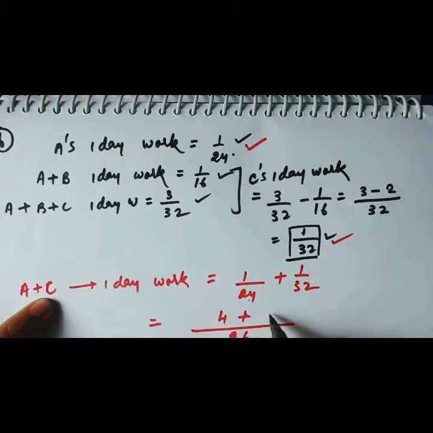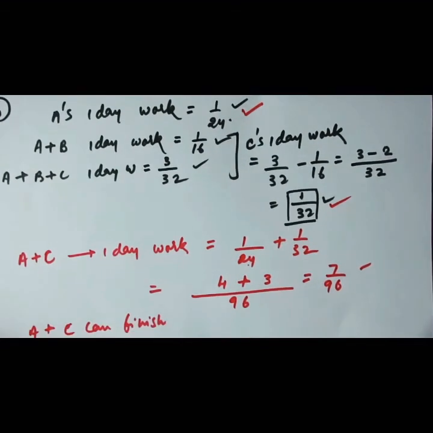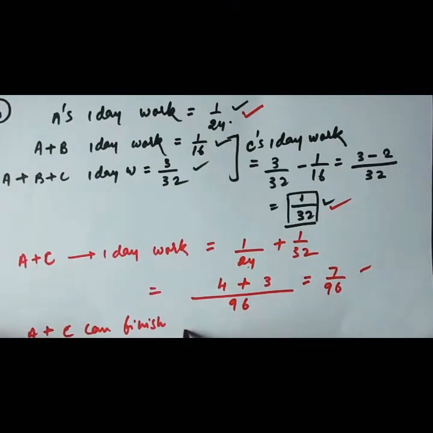I think you can do this. So LCM will be 96, 4 plus 3, which will give you 7 by 96. So A plus C can finish the piece of work in 96 by 7 days, which comes to 13 5 by 7 days.